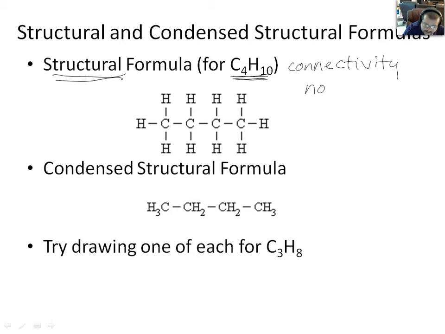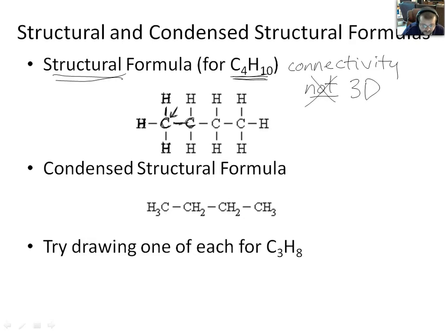It does not tell us about 3D shape, because the way this is drawn, it looks like a perfectly flat molecule. So it's not telling us how it's arranged three-dimensionally, but it does tell us that this indicated carbon right here is going to be attached to the hydrogen above it, a hydrogen below it, a hydrogen to its left, and the neighboring carbon. So knowing connectivity is key also.